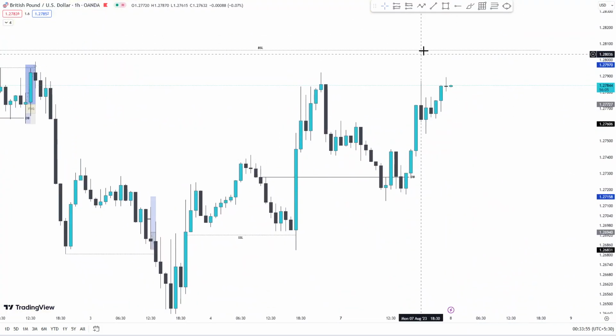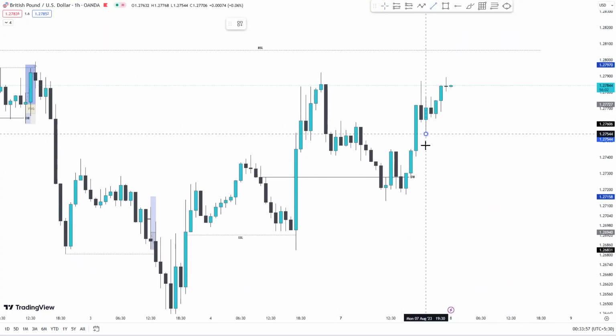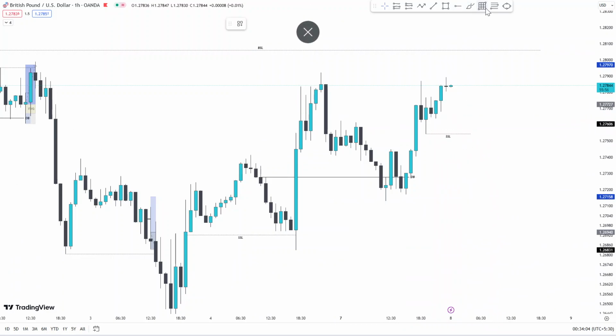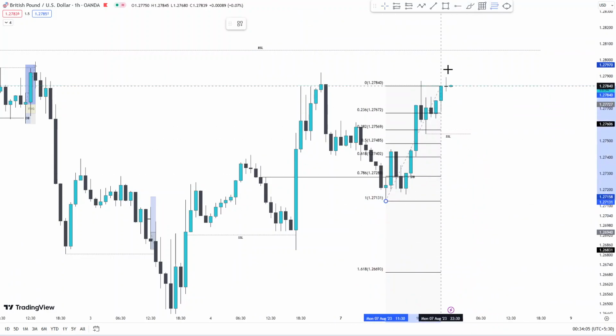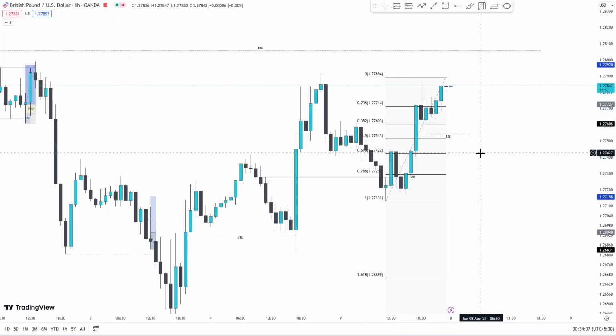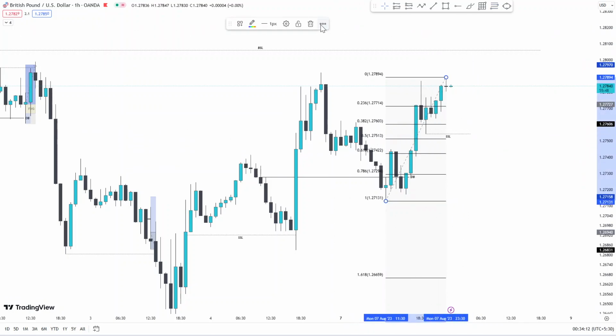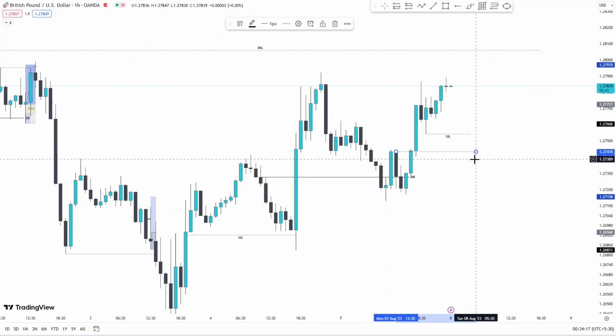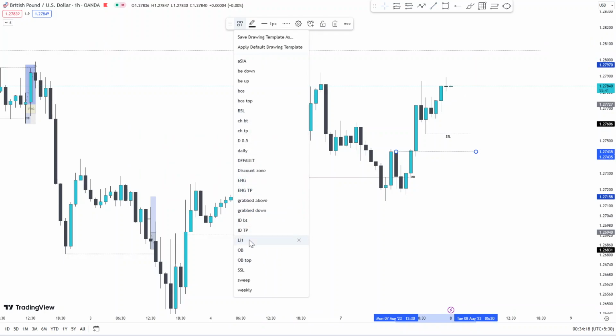For longs, obviously this will act as a sell side liquidity. Let's have a look here. Yep, this can really act as a sell side liquidity, and we have some order blocks here which are unmitigated.